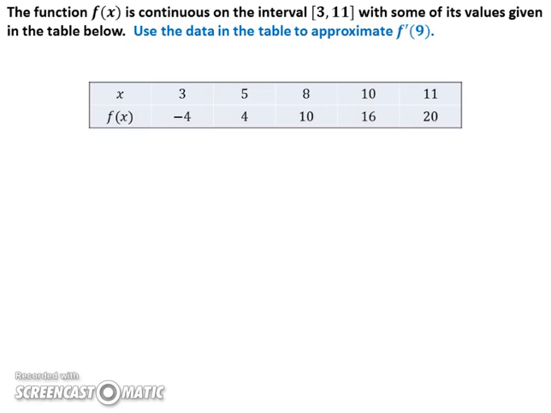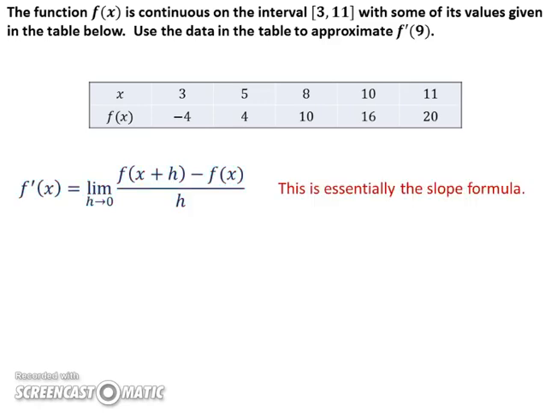Okay, so now the next one, same table, same function, same interval. Use the data in the table to approximate the derivative when x equals 9. Now, this is the function. We don't have the equation, we just have points, so we can't make any assumptions, like we can't actually use any derivative formulas, but the derivative is essentially the slope formula.